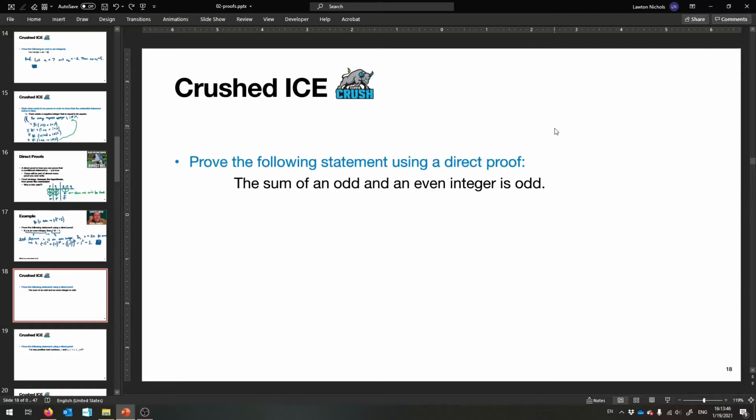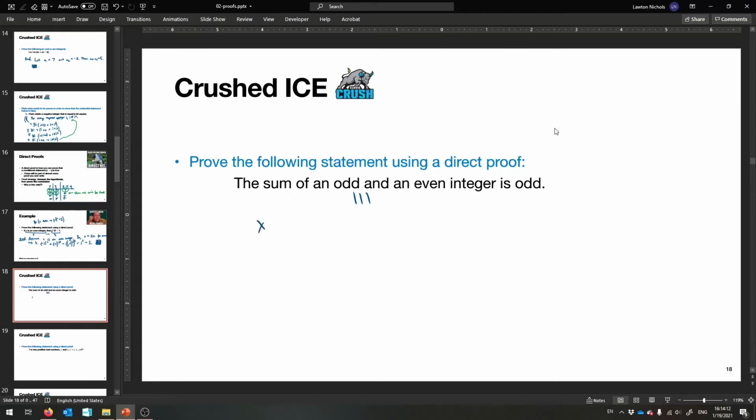Coming back, let's do this. So the sum of an odd and an even integer is odd. Okay, what in the world does that mean? Why is there an implication? So we need to convert this to math. This statement talks about two integers, an odd one and an even one. So I think we have some variables.